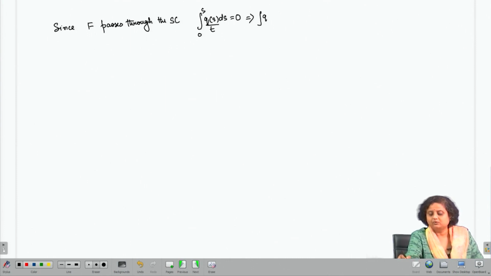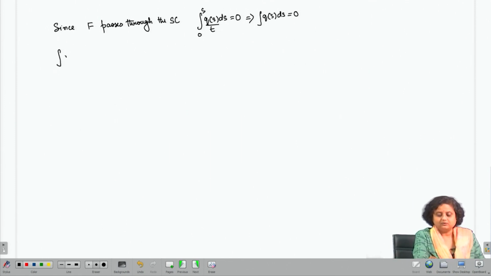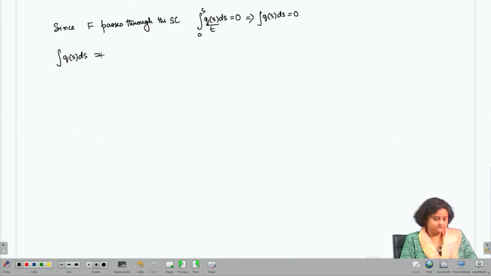So, integral Qs ds is equal to 0. Now, we have to evaluate this integral Qs ds. So, let us try to evaluate this integral.